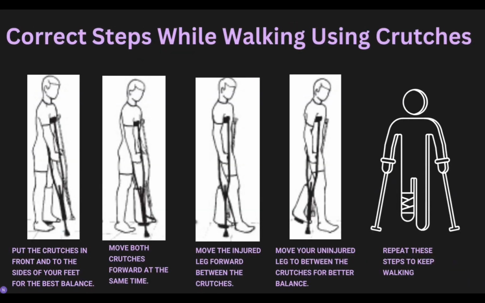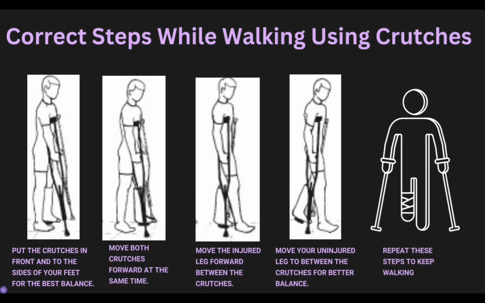All the problems mentioned before are caused by improper crutches use. To overcome these problems, correct ways of using crutches must be applied. Here are the correct steps while walking using crutches. In diagram 1, put the crutches ahead and to the sides of your feet for the best balance. Next, move both crutches forward at the same time.